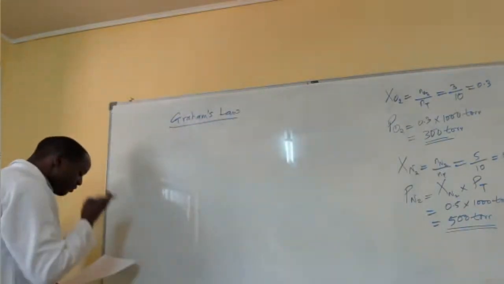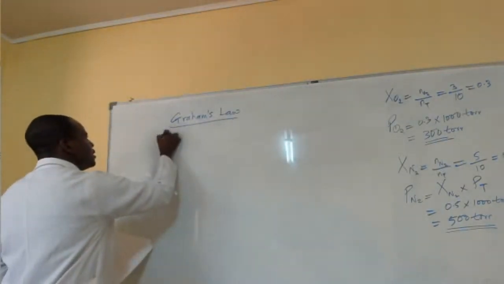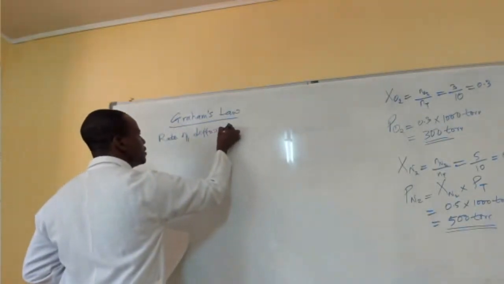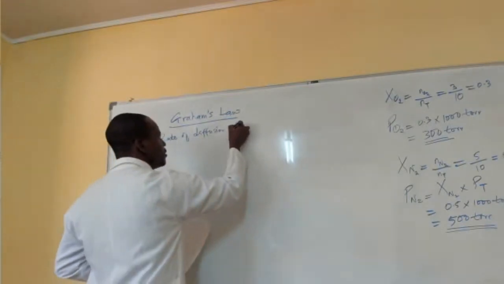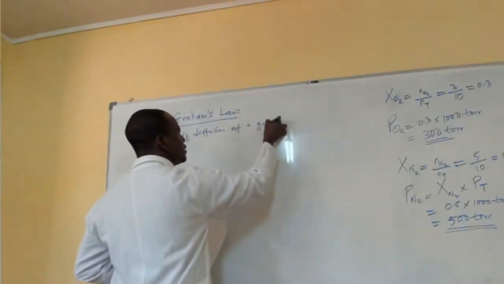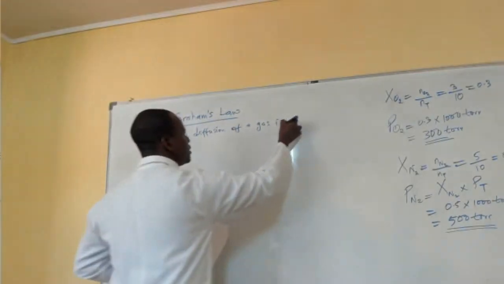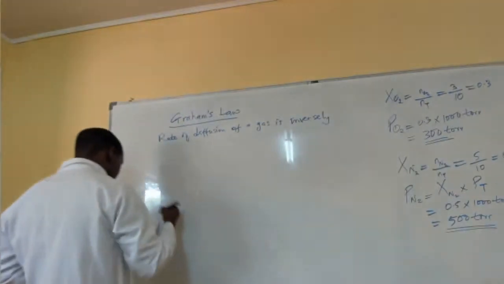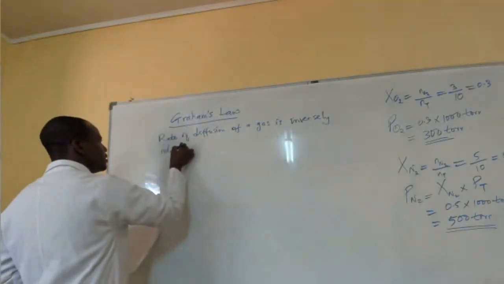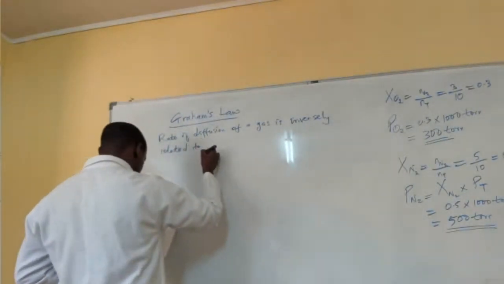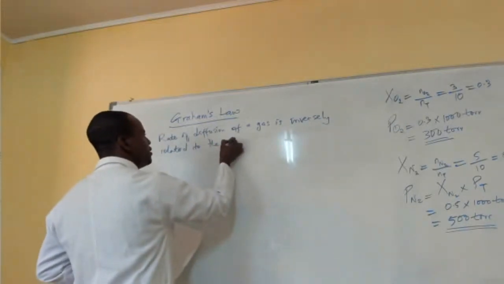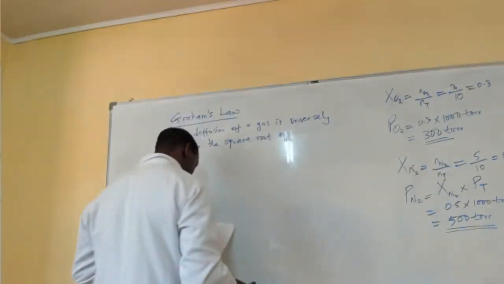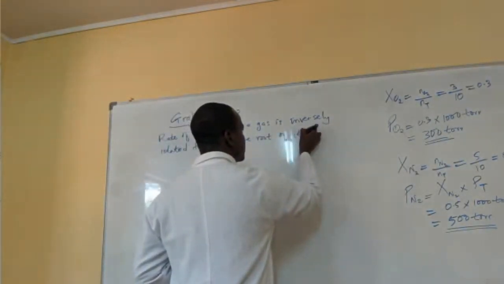Graham's law states that the rate of diffusion of a gas is inversely related to the square root of its molar mass.